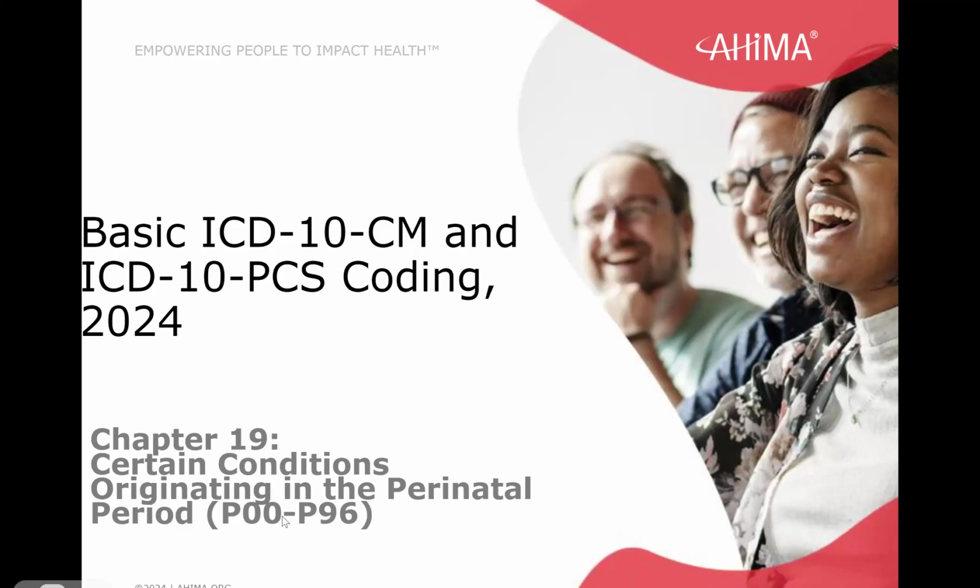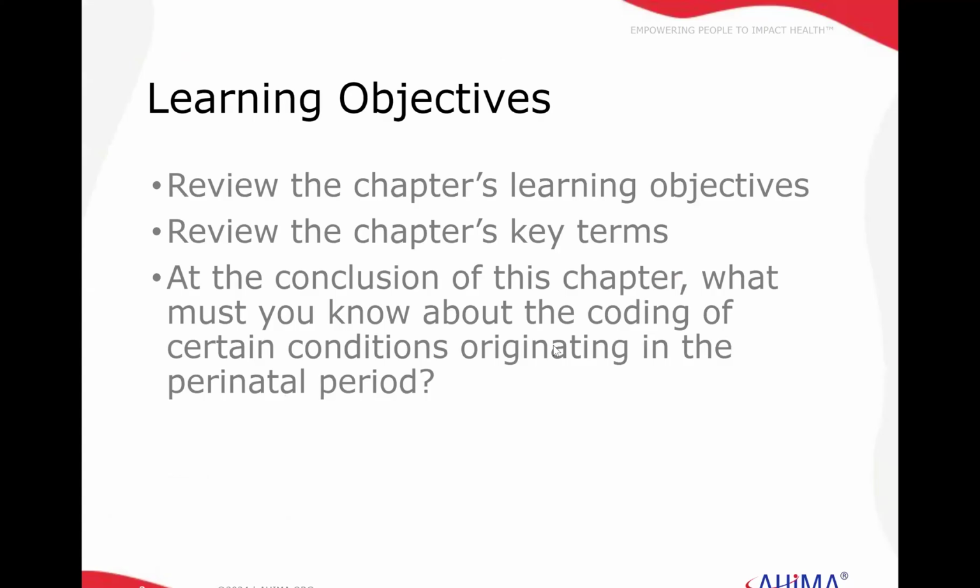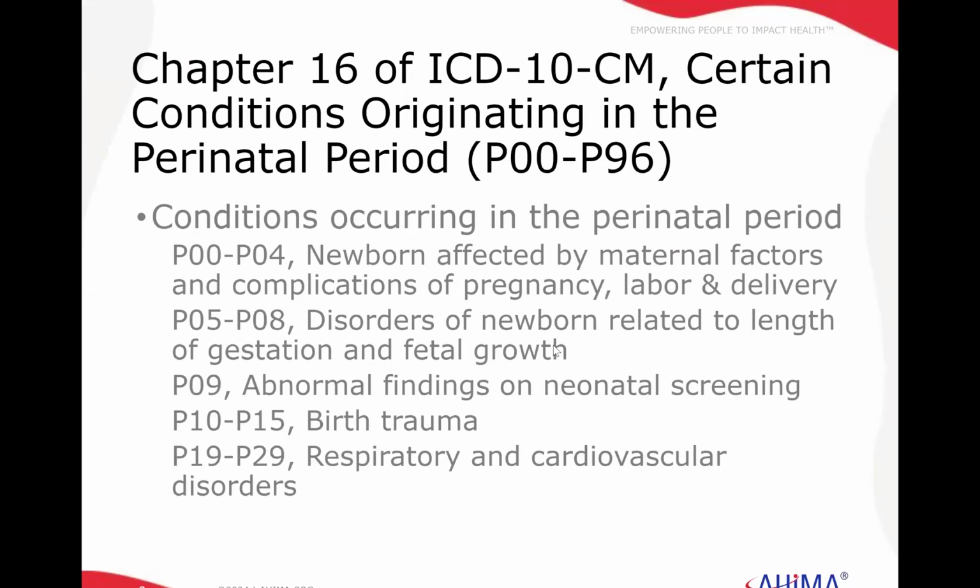And again, all these codes for the perinatal, in other words, the newborn period, begin with the letter P, as in perinatal or pediatrics. These codes include things such as a newborn that's affected by maternal factors and complications of pregnancy, falling in code categories P00 through P04.